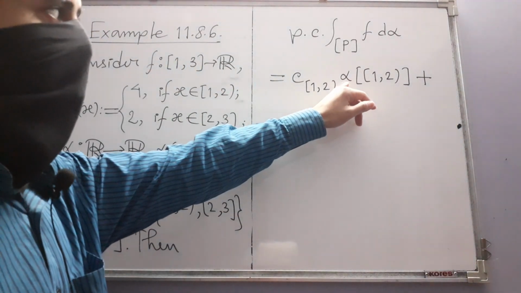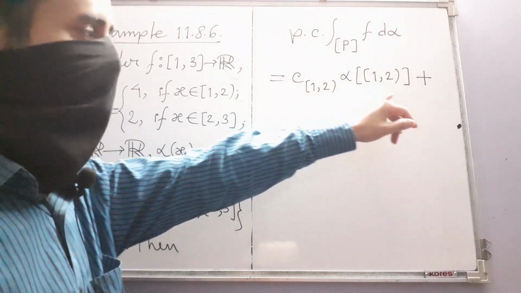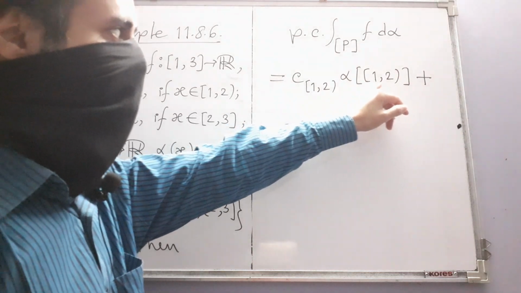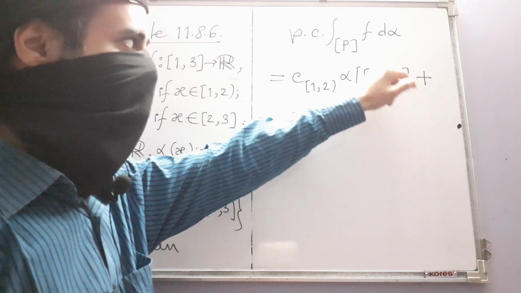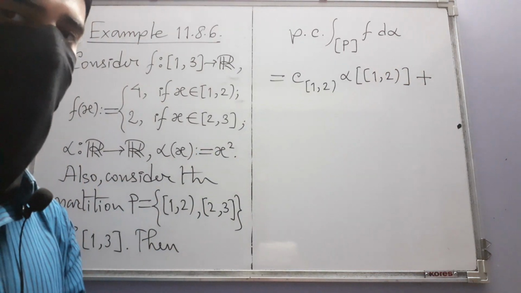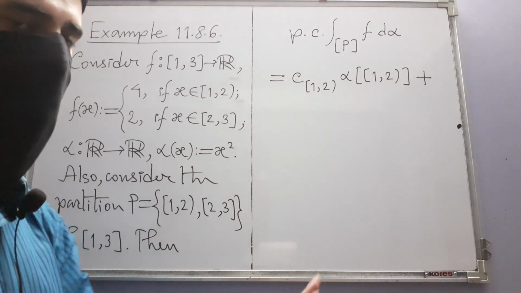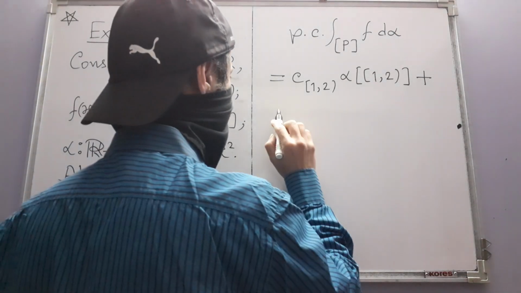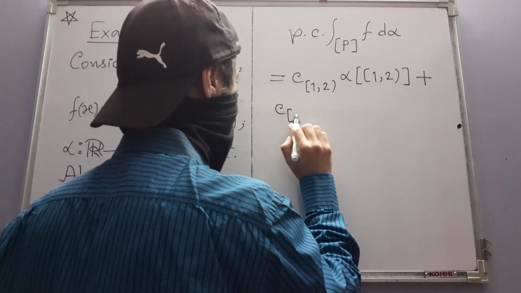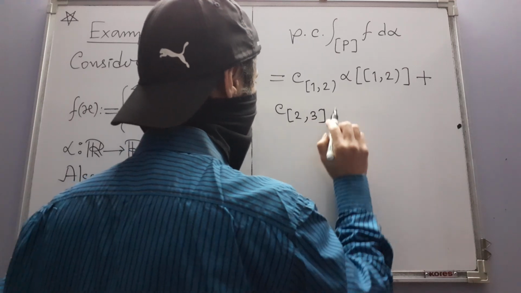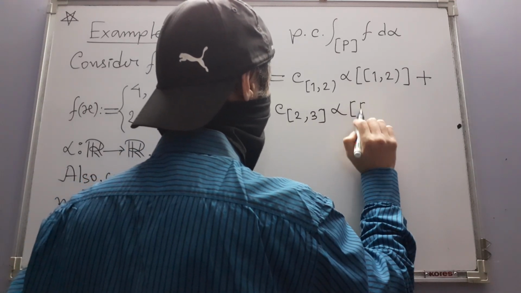Don't forget that the alpha length, when we write this, we enclose the interval itself within a set of square brackets. But the interval itself will also have brackets, so be a little careful. Then 2 comma 3 times its alpha length.